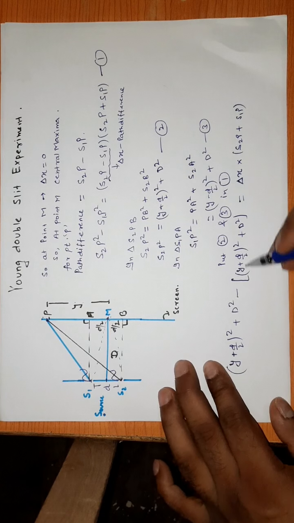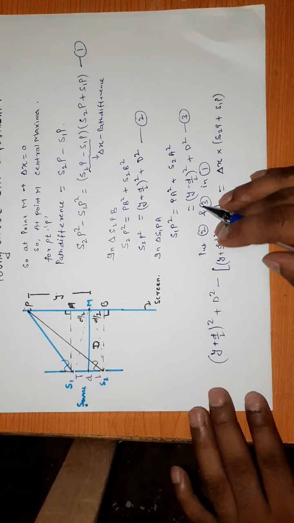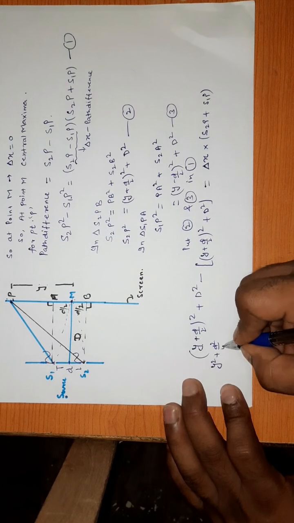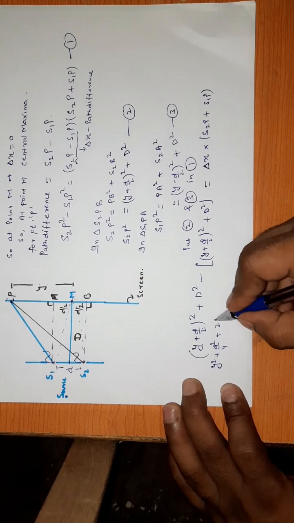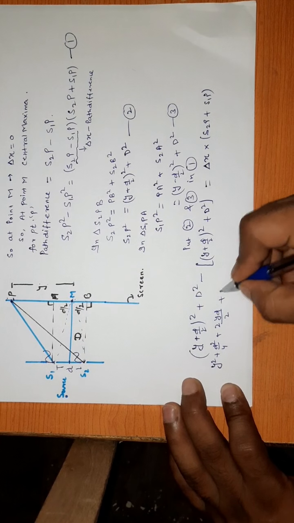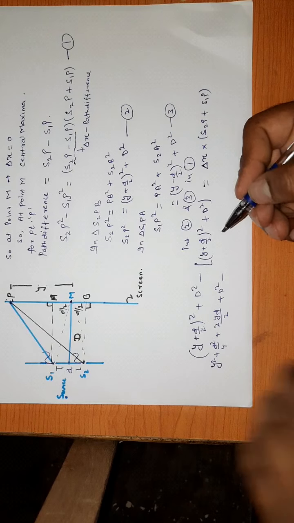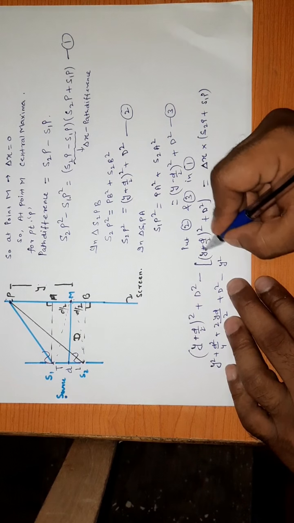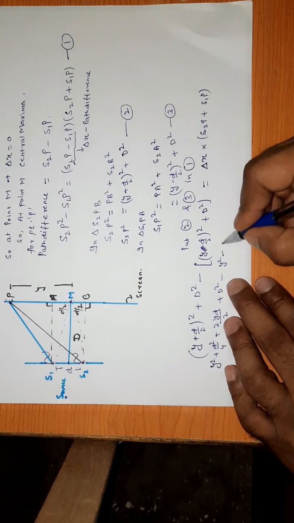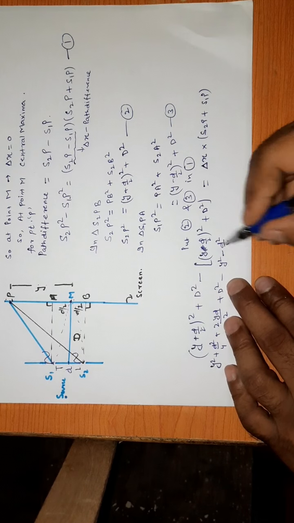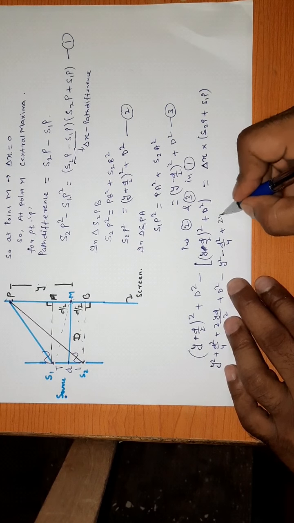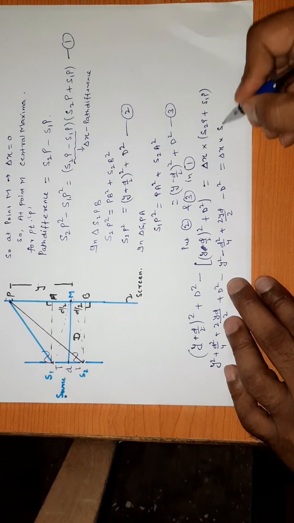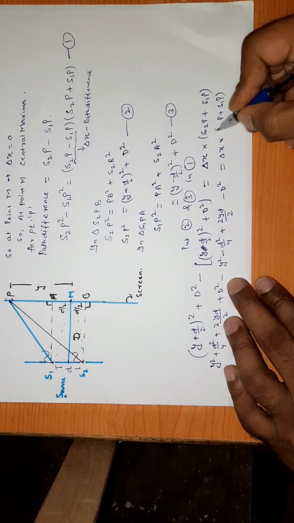Now when we simplify this, what we will get? We will use the formula (a plus b) whole squared: y squared plus d squared by 4 plus 2 times yd upon 2, plus D squared in bracket. When we open this bracket directly, I am solving: that is y squared, here it is minus y squared minus d squared upon 4, and minus minus, plus 2yd upon 2, minus D squared is equal to delta x, and this is S2P plus S1P.